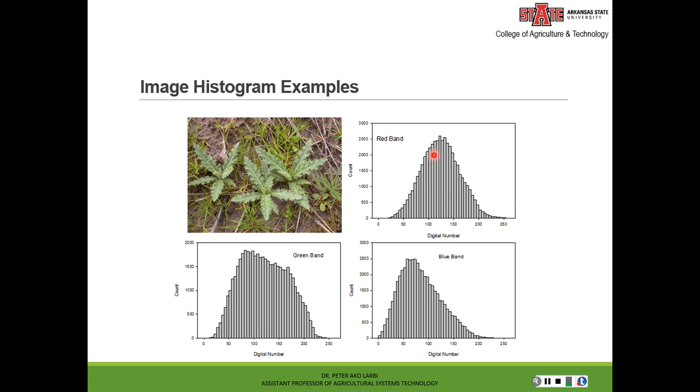So if we want to stretch this, we would apply the operation to move the minimum value to 0, and then move the maximum to 255, so the data is stretched. Similarly, if we do that to green, we would move the minimum value from here to 0, the maximum from this value to 255, and that will apply to the blue band as well.